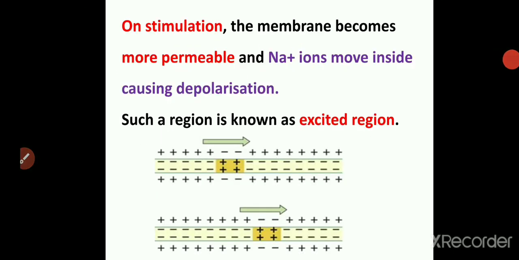As you can see in the lower diagram, it becomes an impulse for the adjacent sodium ions. So immediately the permeability increases, sodium ions move in and the potassium ions move out. Whereas the previous one comes back to its original state, that is the polarized state.